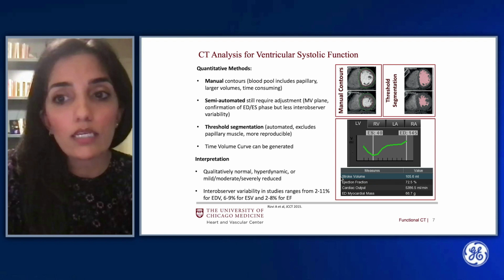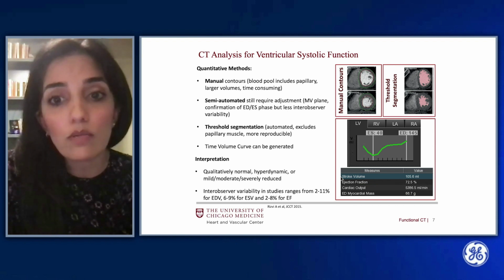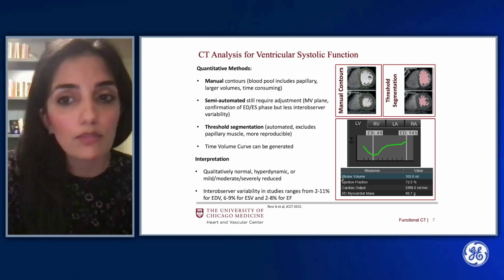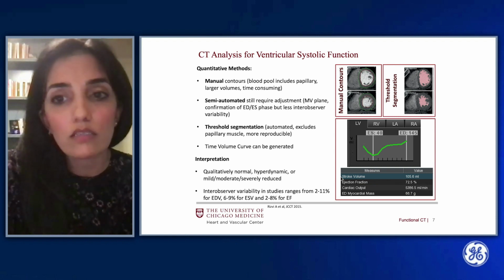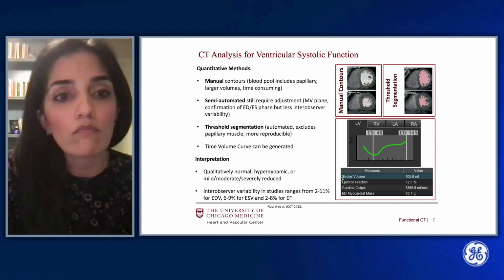Depending on scan quality, this method may be easier to apply in practice for the LV than when compared to the RV. All of these approaches can be used to generate not just an ejection fraction, but also a time volume curve as shown at the right here. But the accuracy of this curve can be compromised by things like suboptimal opacification, devices or motion, and cardiac shunting.